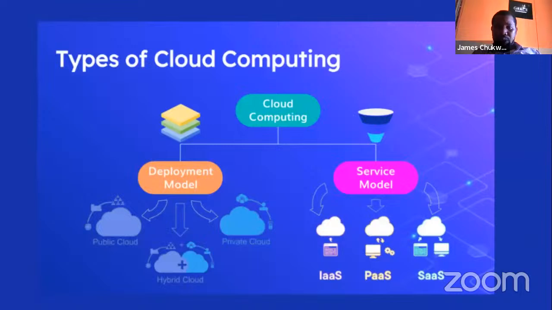Under the deployment model, we have the public cloud, the hybrid cloud, and the private cloud. Then under the service model, we have IaaS, infrastructure as a service, platform as a service, and software as a service. We're looking into these one after the other.